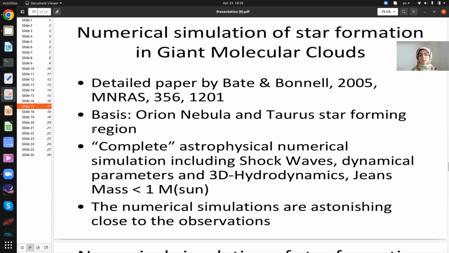And here you see, for example, for the Orion Nebula and the Taurus star forming region, complete astrophysical numerical simulations including shock waves, dynamical parameters, and 3D hydrodynamics, with Jeans mass less than 1 solar mass, and the numerical simulations are astonishingly close to observations.